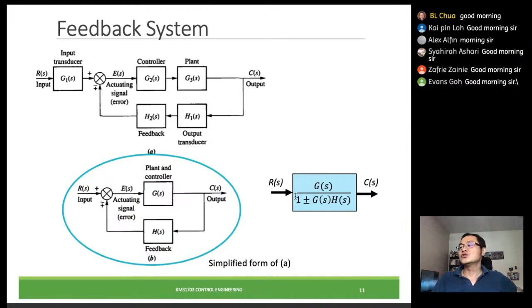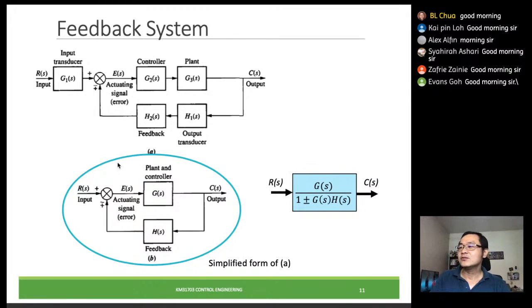So when plus and minus, then our transfer function would be the feed forward transfer function divided by 1 plus feed forward multiplied by feedback transfer function, G over 1 plus GH. So if this is minus, then this would be plus, and if this is plus, then it should be minus. So they have these relationships.